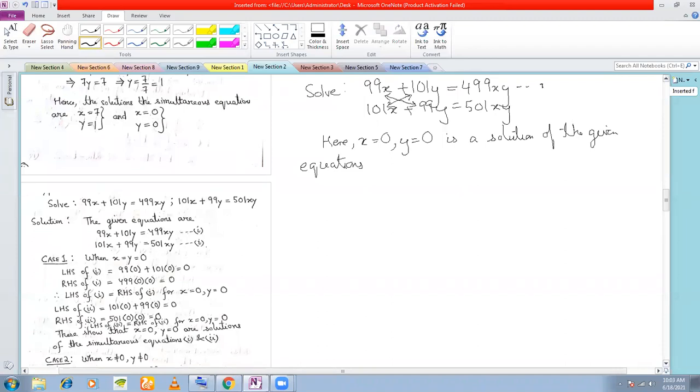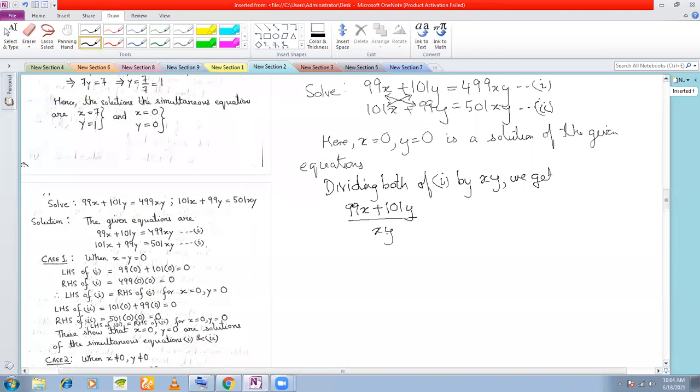If I call this as 1, call this as 2, dividing both sides of 1 by xy, we get 99x plus 101y divided by xy is equal to 499xy by xy, right?